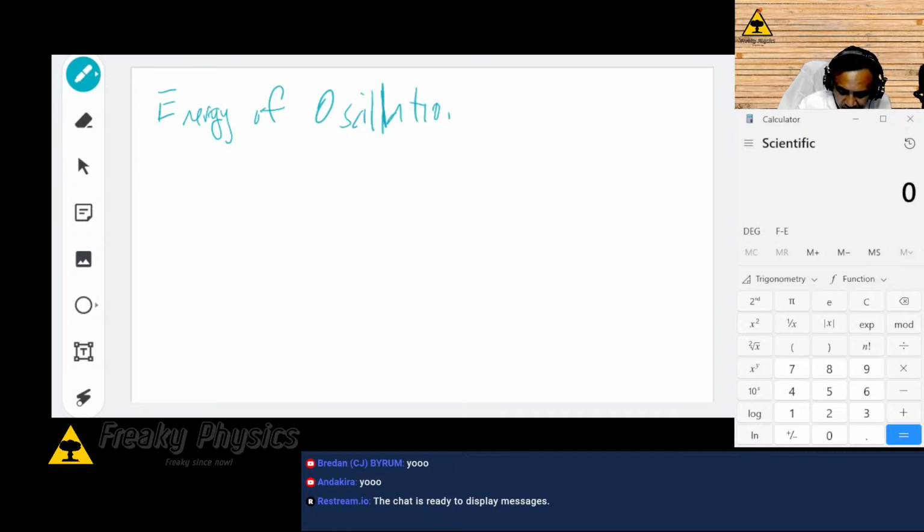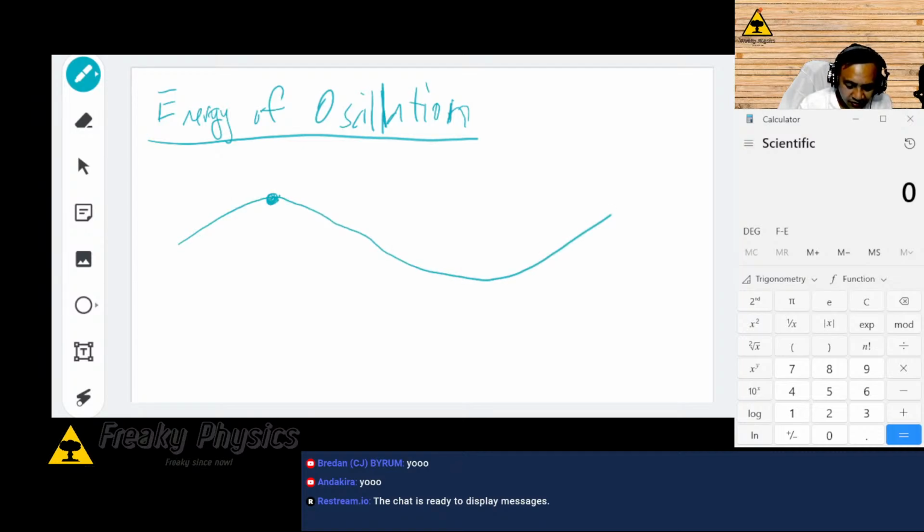Oscillation. Now, of course, due to conservation of energy, what we're going to do here is look at a single particle on our oscillating wave. This particle is going to go up and down, then into the equilibrium position, then into here.